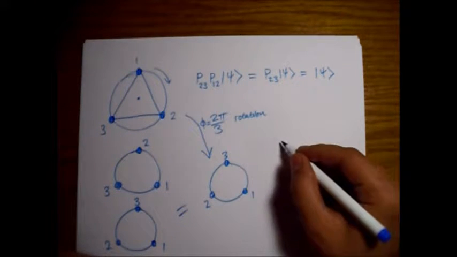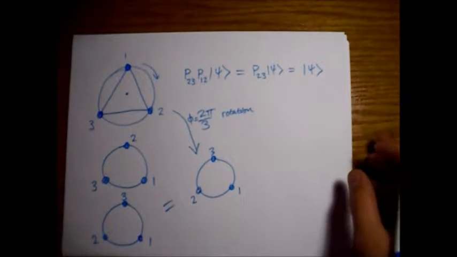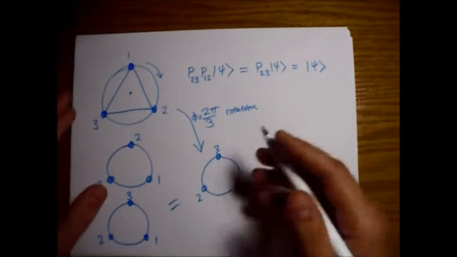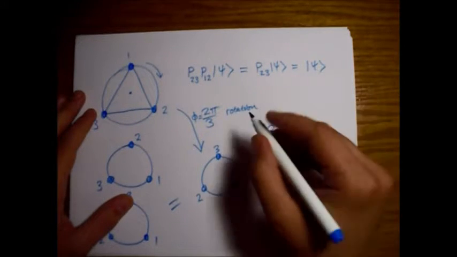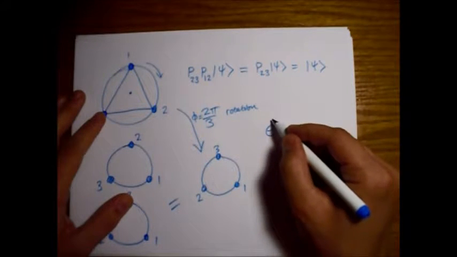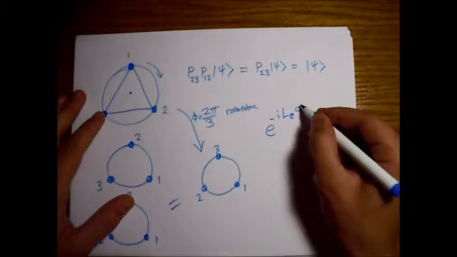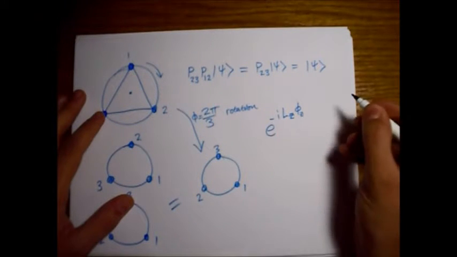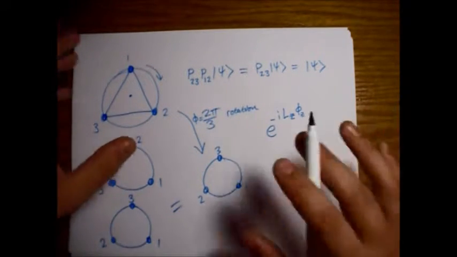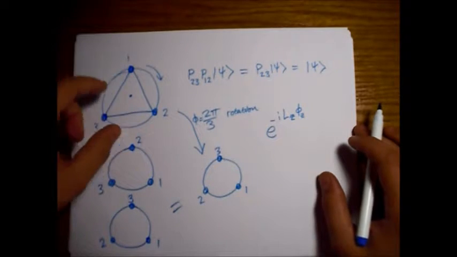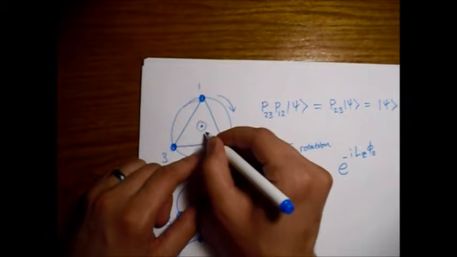Our rotation operator is similar to the time evolution operator, or propagator. For a rotation, we have e to the minus i L_z phi over h bar. I'll put a little subscript z on this because normally there's an L dot phi for an arbitrary type of rotation, but we're only going around this z-axis.